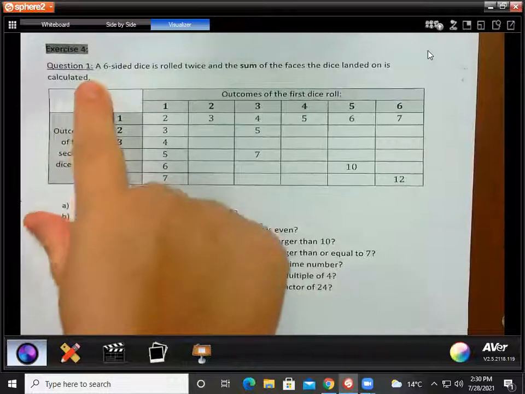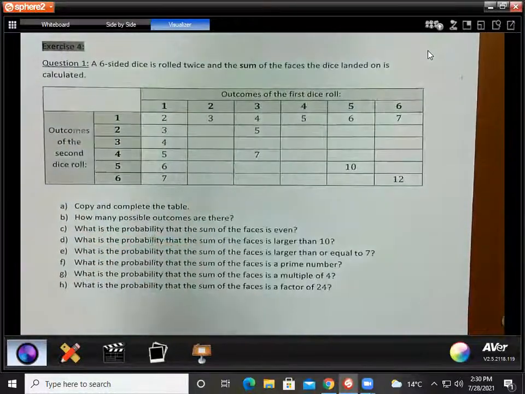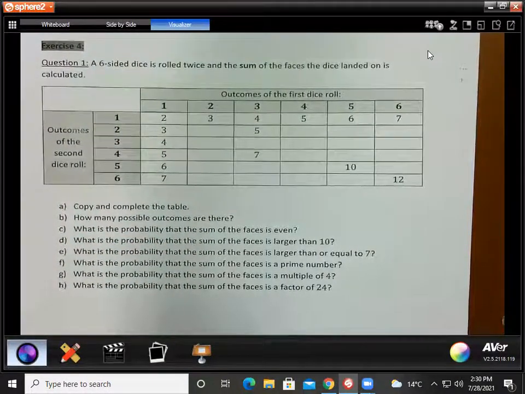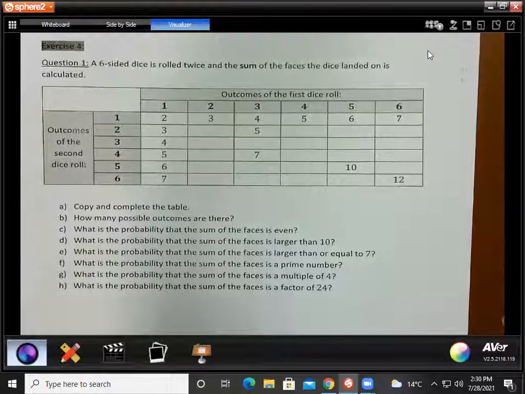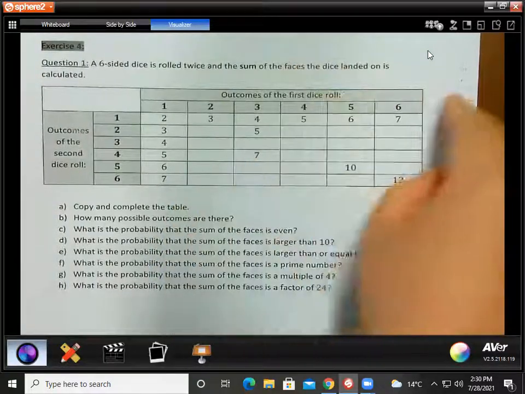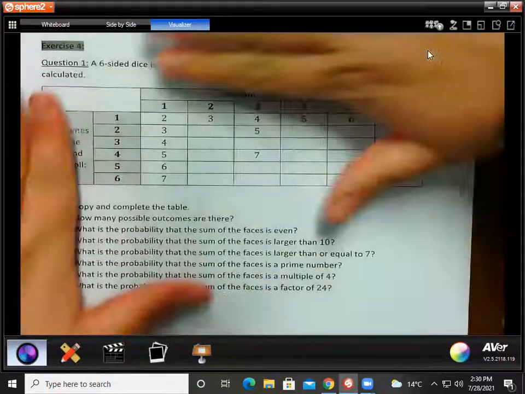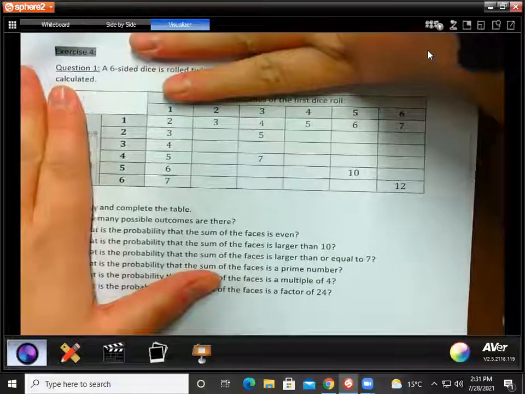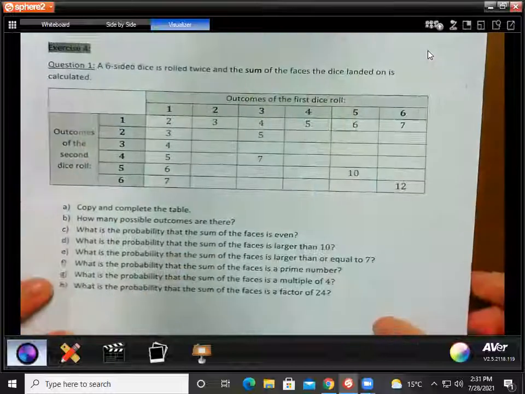So now they're saying a 6-sided dice, that's just a normal one, all right? It has 6 sides, is rolled twice, and the sum of the faces the dice landed on is calculated. Yes. All right, so outcomes of the first dice roll. You don't actually have to write outcomes of the first and outcomes of the second, all right? You can just do 1 to 6 and 1 to 6, that's fine, but you can add it in if you want.